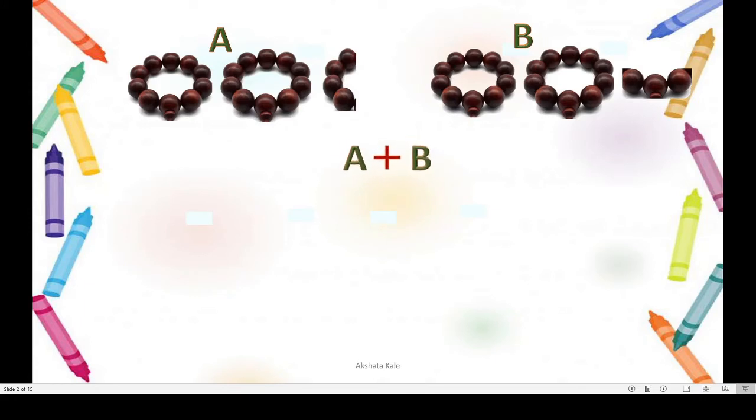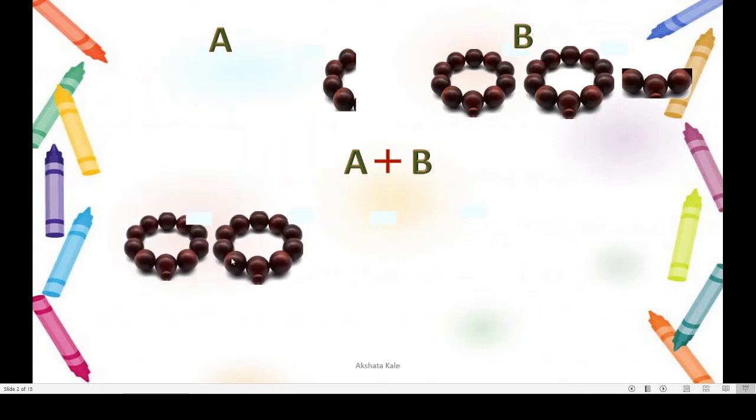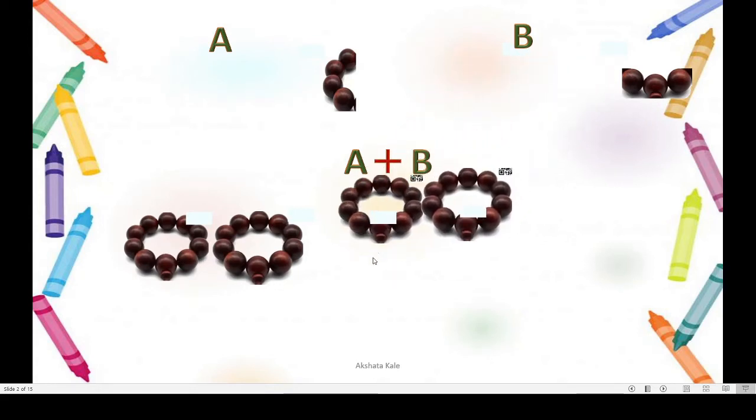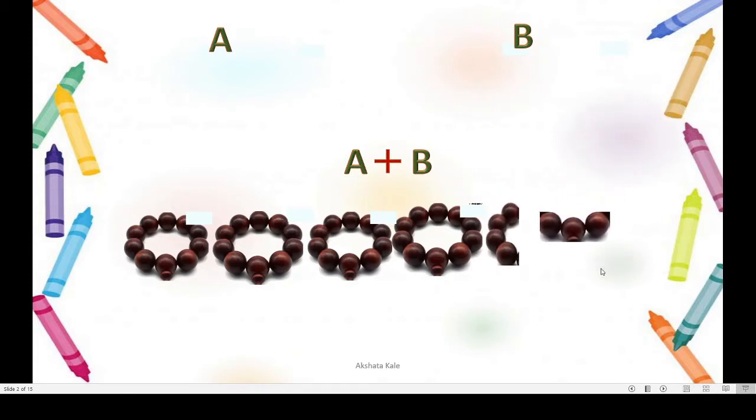This is A plus B, beads of A plus beads of B. Here are the 2 strings from A and 2 strings from B, and these 4 beads from A and these 3 from B. Altogether 1, 2, 3 and 4 strings of tens.